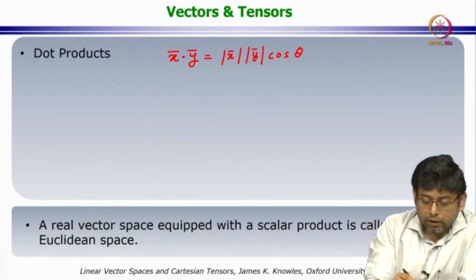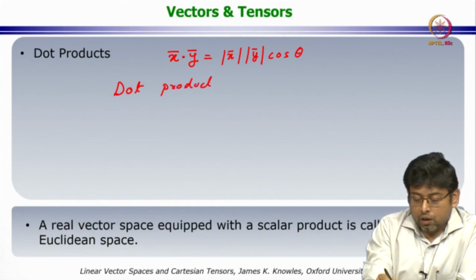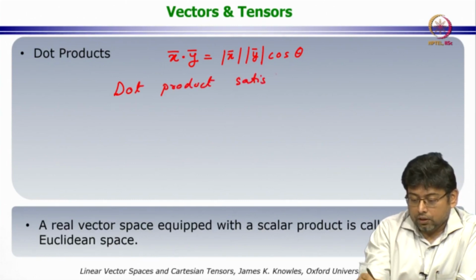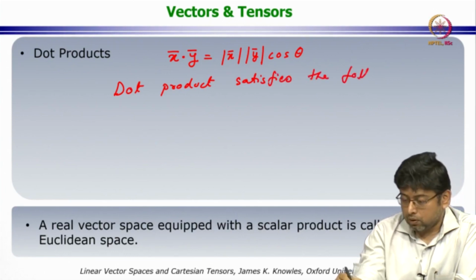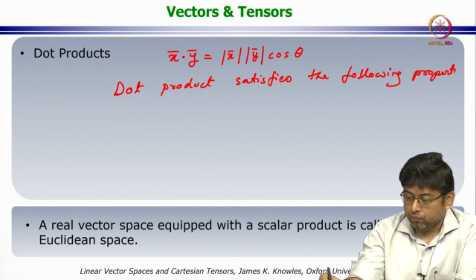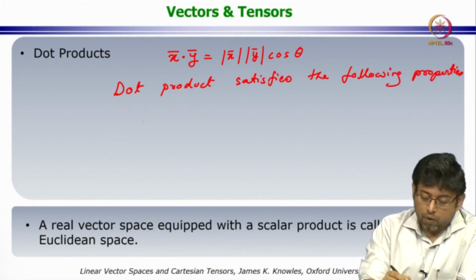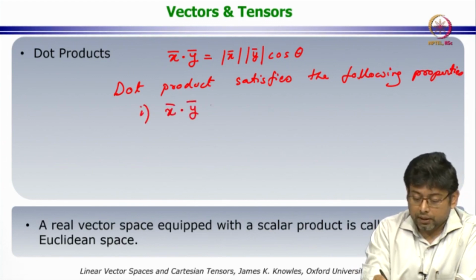Now the dot product, you can quickly check, satisfies some very simple rules, the following properties. What are they? One is that the order of multiplication does not matter.